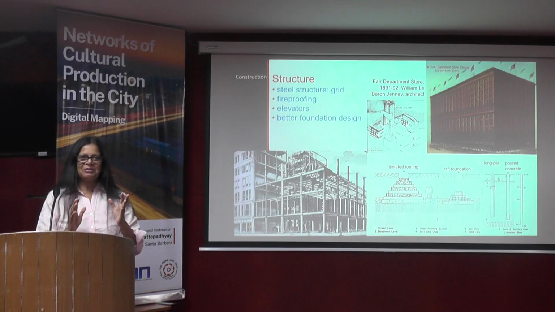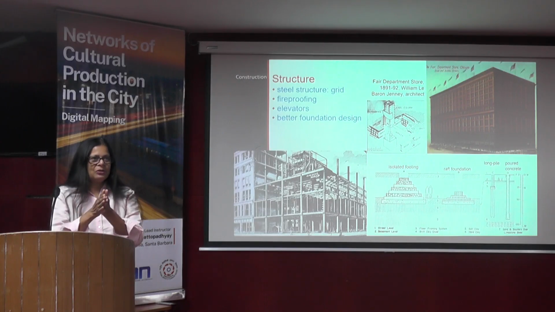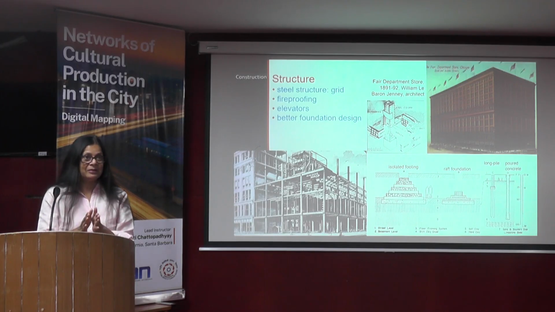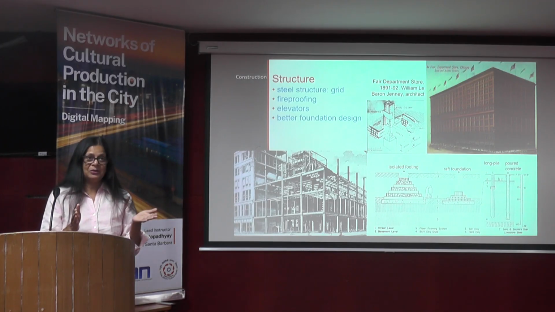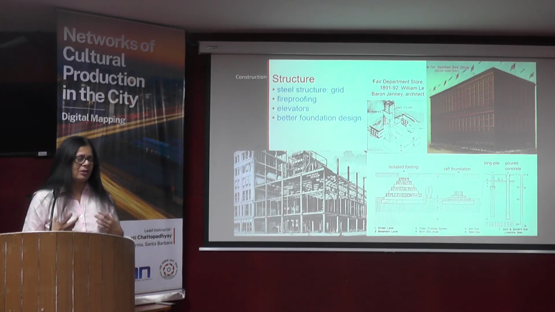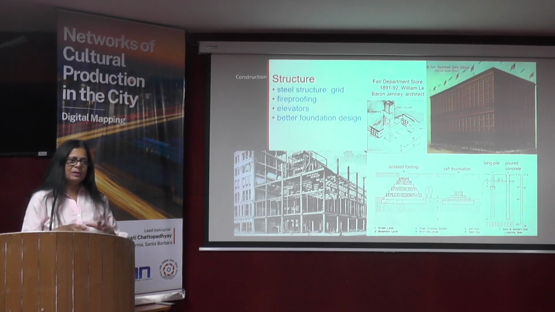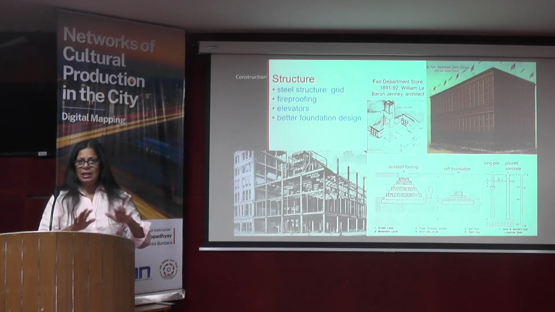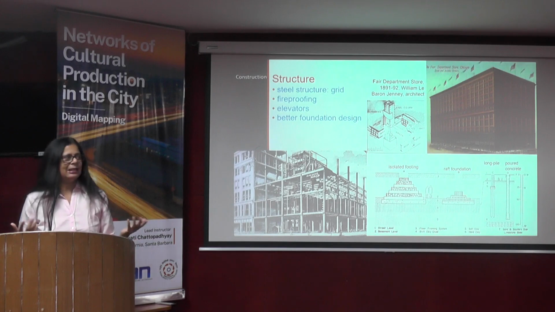In other words, the walls no longer need to support anything besides themselves. They don't need to support the load. The load is being carried through the steel structure itself. And the same thing with the grid of columns. The grid of columns is taking the load. The walls can be really anything.